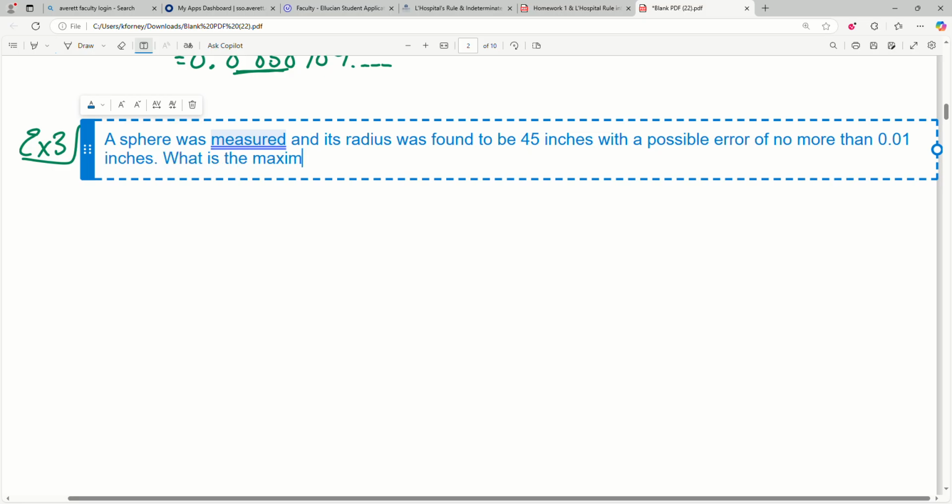What is the maximum possible error in the volume if we use this value of the radius? Okay.